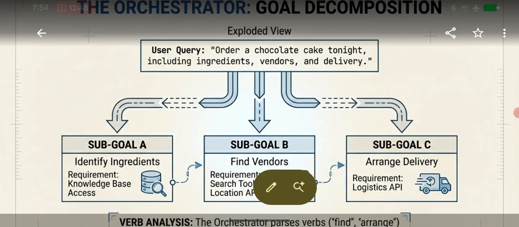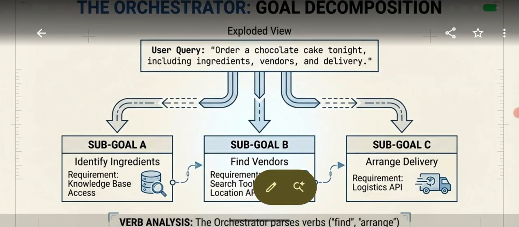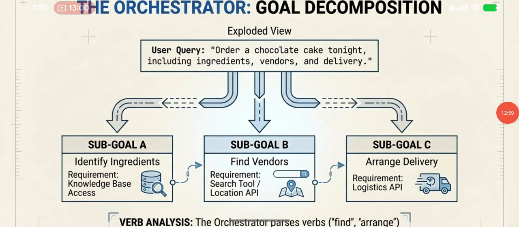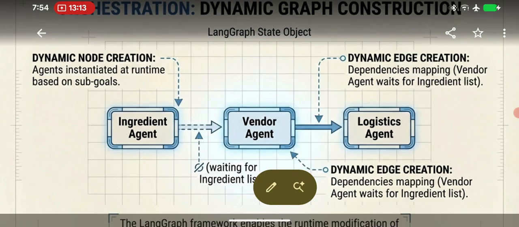The first goal is to identify the ingredients. The second goal is to find the vendors. And if we are able to find the ingredients and the vendor as required by the person giving the order, then the third is whether the delivery option is available. So the orchestrator will be able to parse this input into 3 sub-goals, and accordingly will create agents and edges for it.